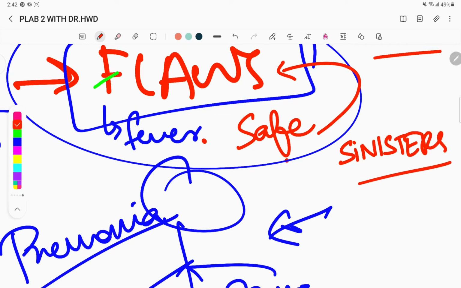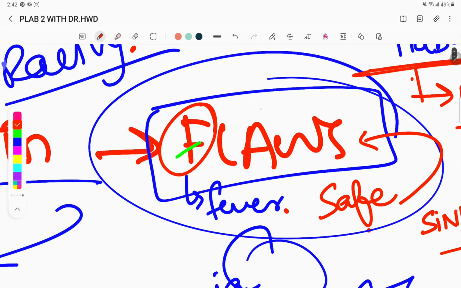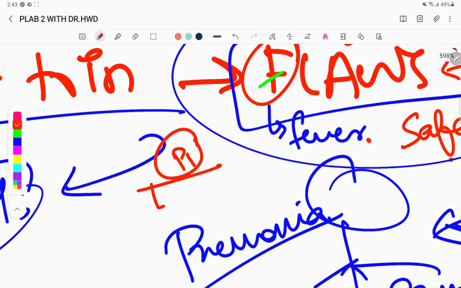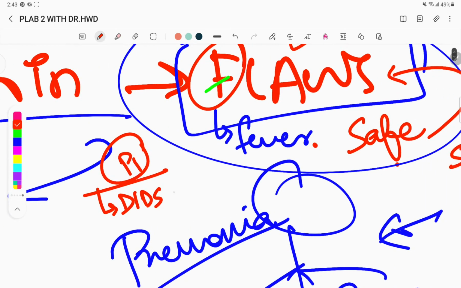Cancer is sinister, so this is related to cancer symptoms. FLAWS. You forget almost everything in your exam, but if you remember to explore the presenting complaint, which is P1, and if you in your head have got some DDs, you do that. If you remember the structure, and then you ask for FLAWS and trauma, most likely you have the answer to what the person has.